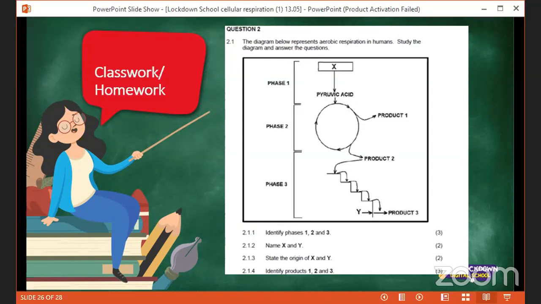I got this question from a past exam paper, a departmental paper. We have phase 1, phase 2, phase 3. Question 2.1.1, identify phases 1, 2, and 3. Question 2.1.2, name X and Y. Question 2.1.3, state the origin of X and Y. Question 2.1.4, identify products 1, 2, and 3.